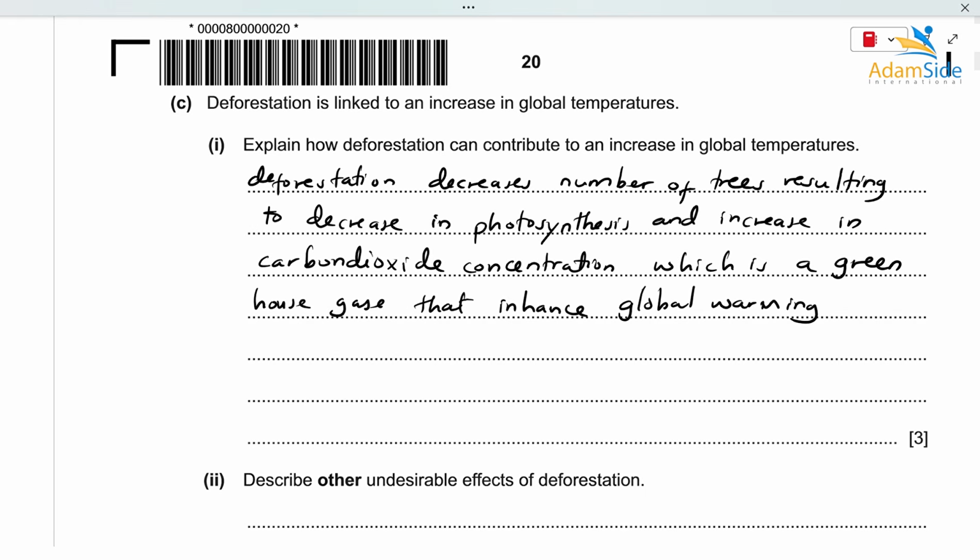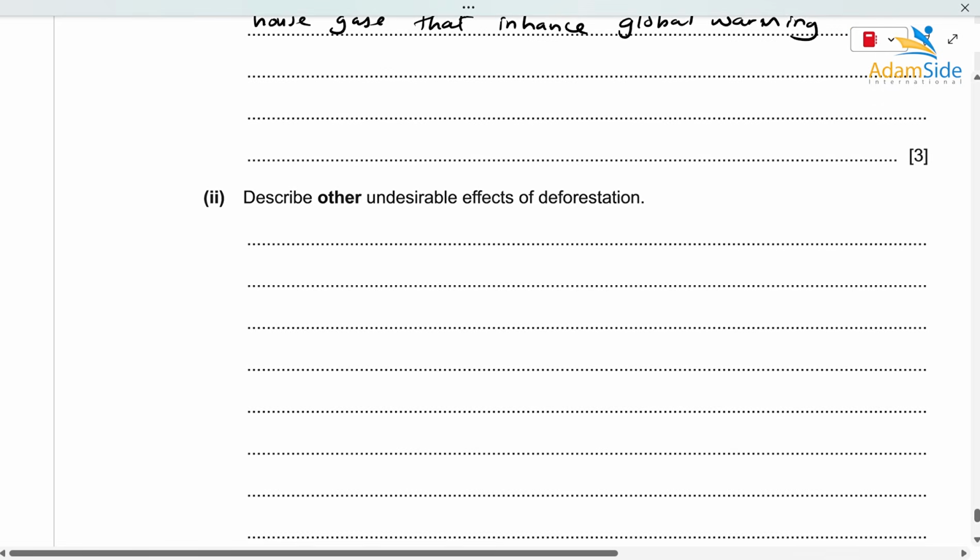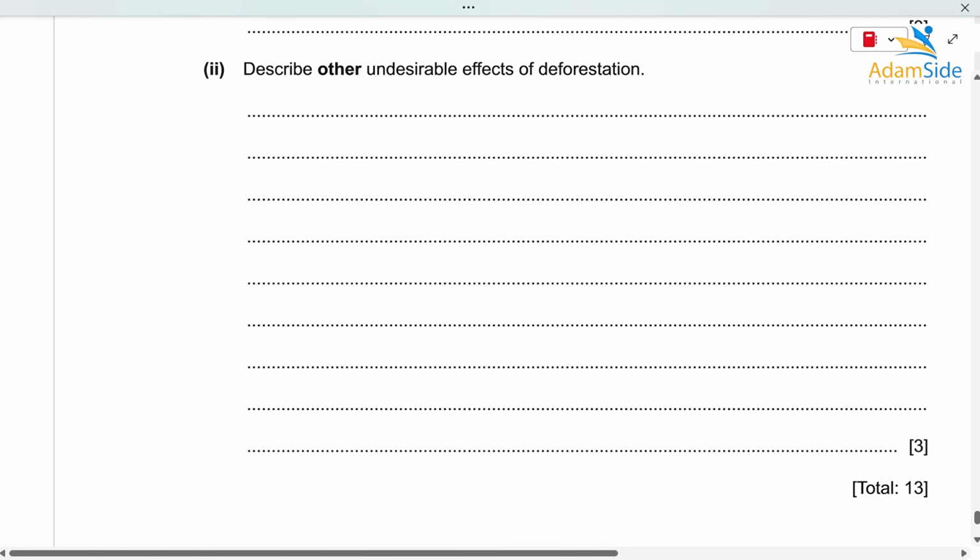So deforestation results in a decrease in photosynthesis, which results in an increase of carbon dioxide concentration, and as a result, it allows for accumulation of this greenhouse gas, which can result in global warming. Describe other undesirable effects of deforestation.